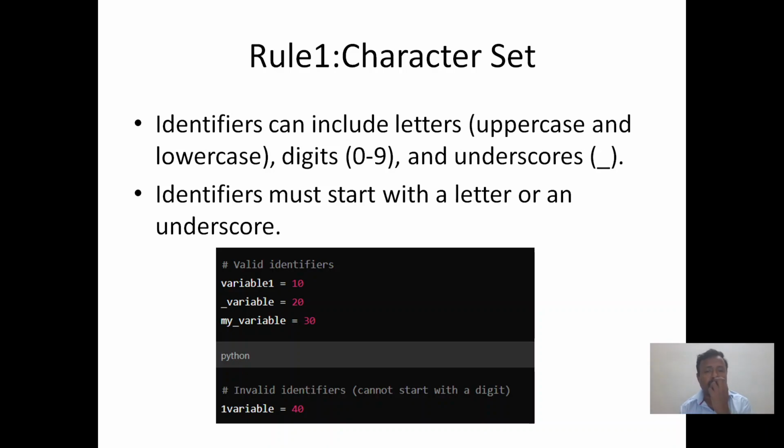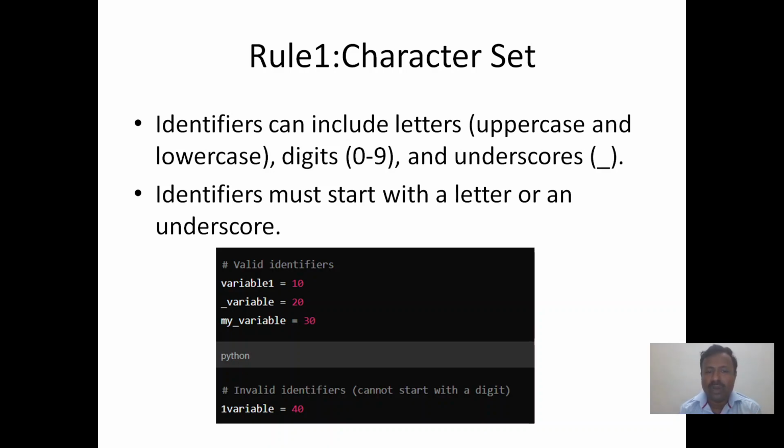Now here are some examples. There are examples of valid identifiers, and I have also mentioned invalid examples. We will discuss them one by one. As far as this rule is concerned, in variable1, the starting letter is V. V is an alphabet, right?